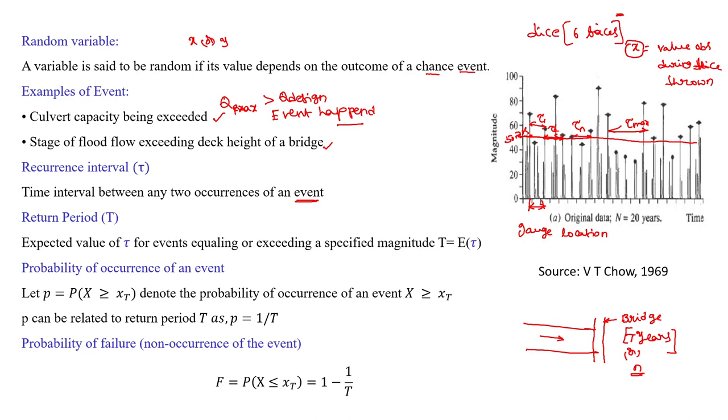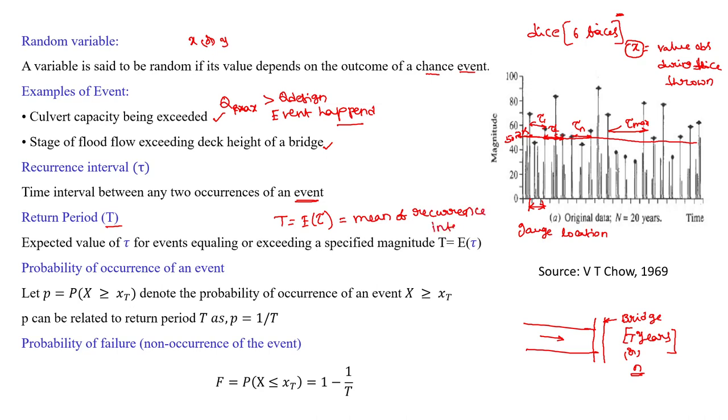So what we do is take the expected value of this recurrence interval, which is nothing but the return period. So T equal to expected value of tau, which is nothing but the mean of recurrence intervals.